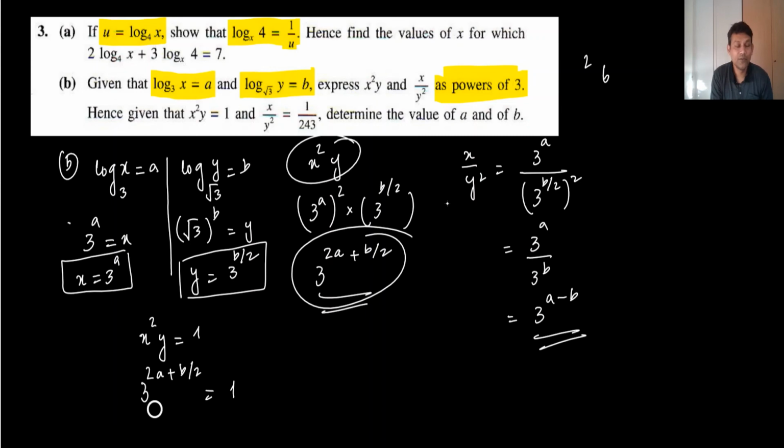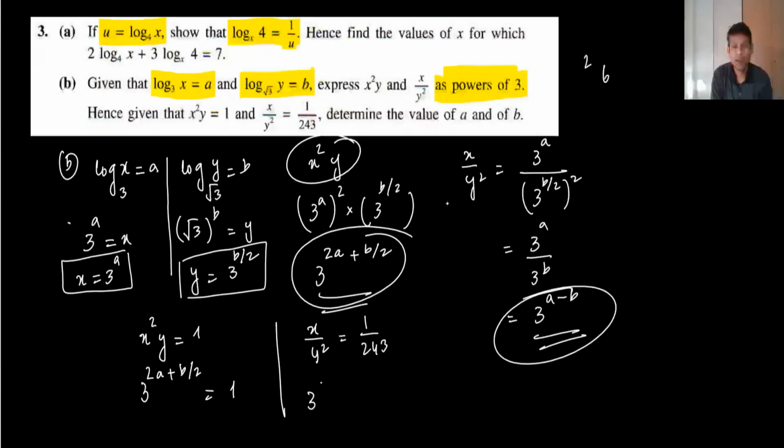And this is the most important part here because I want the same bases. Let me do the second part. And x upon y squared is equal to 1 upon 243, and x upon y squared is here. I can write 3 power (a minus b) is equal to 1 upon 243.